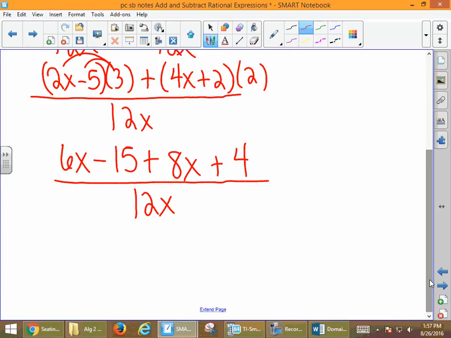Well, now we can finish. We have like terms. 6x plus 8x is 14x. Negative 15 plus 4 is negative 11, over 12x.